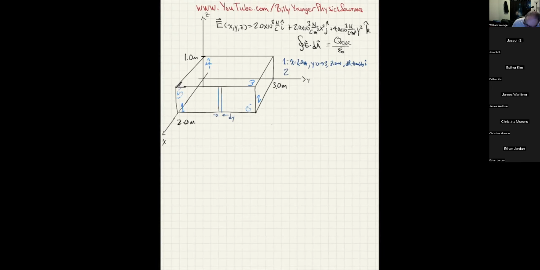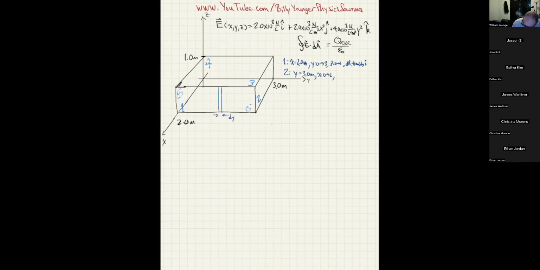Now for part two, we have y is equal to 3.0 meters. We have that x is going to go from 0 to 2, and again, that's meters, I'm just leaving it off.